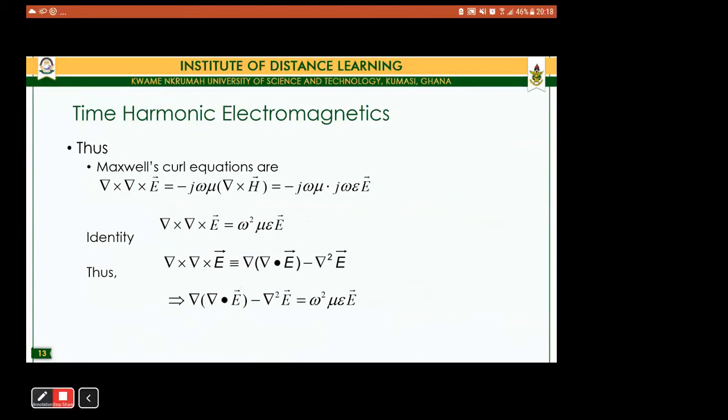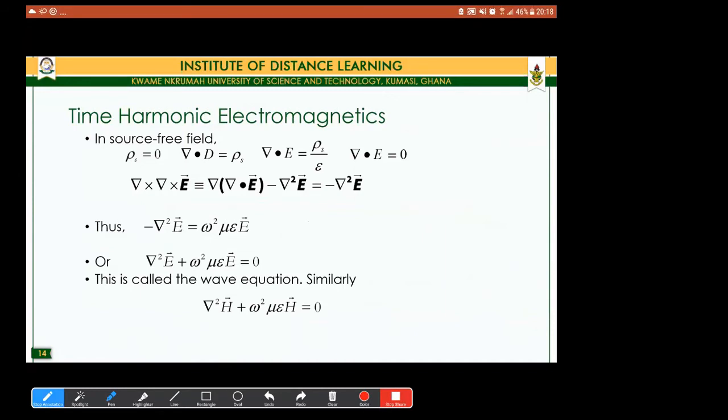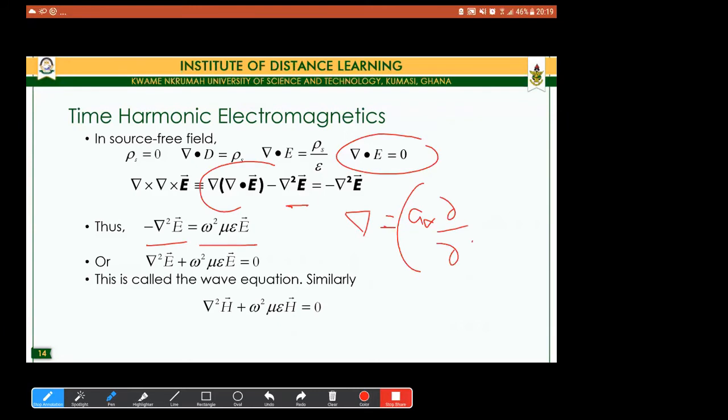And that is the equation that we see in the next slide. So noting that the divergence of E equals 0, this component will be 0, and we are left with minus del squared E equals omega squared mu epsilon E. And actually del, if you remember, is given by a_x del/del x plus a_y del/del y plus a_z del/del z.